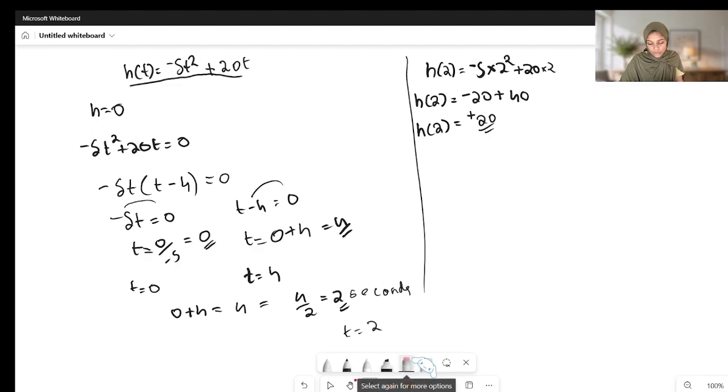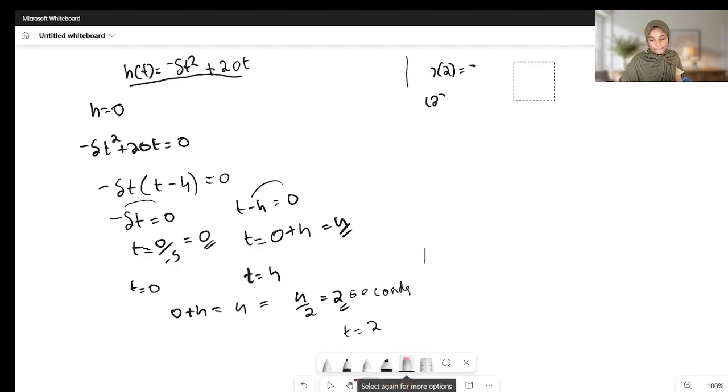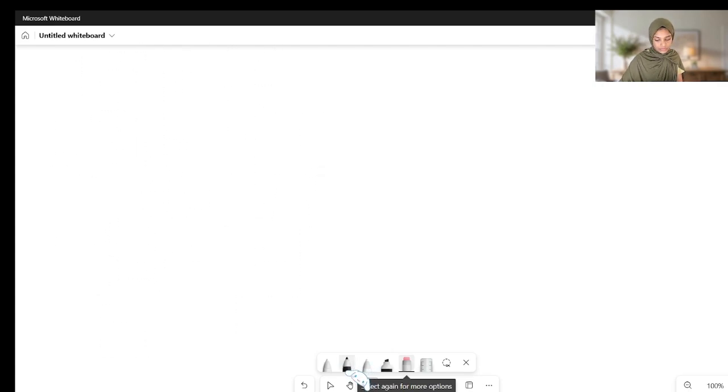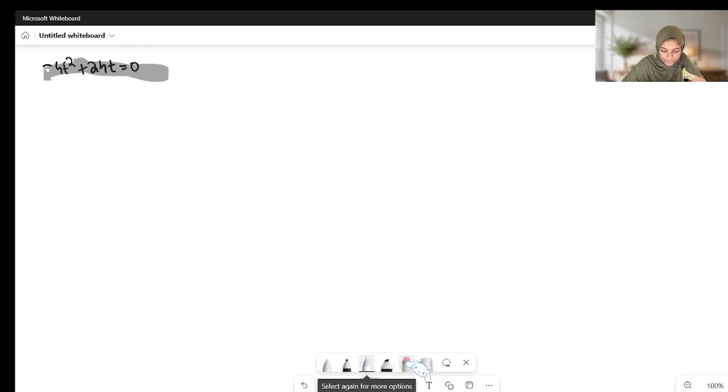Now I'll put another question just like this. h(t), the height, is minus 4t square plus 24t.